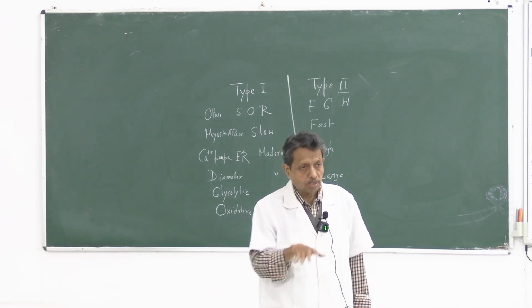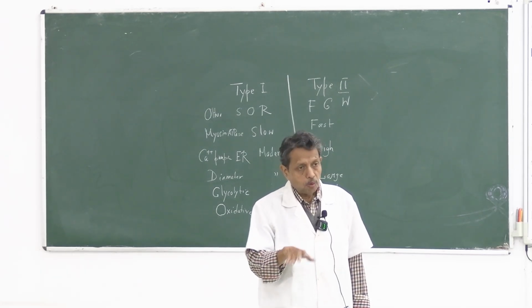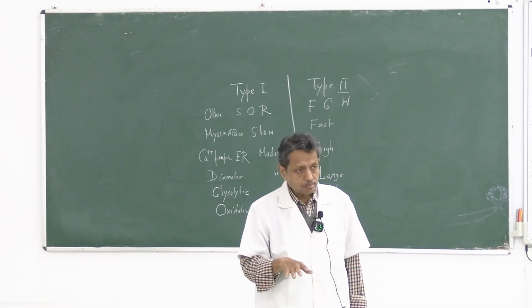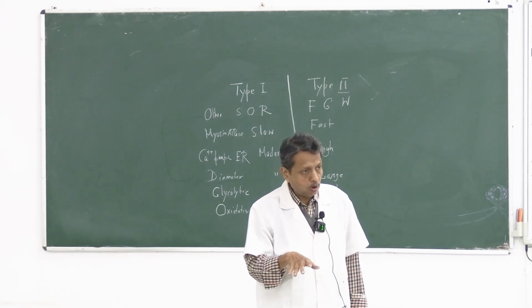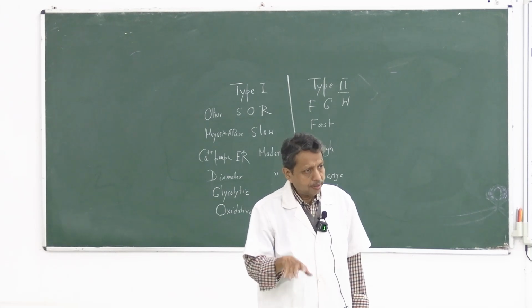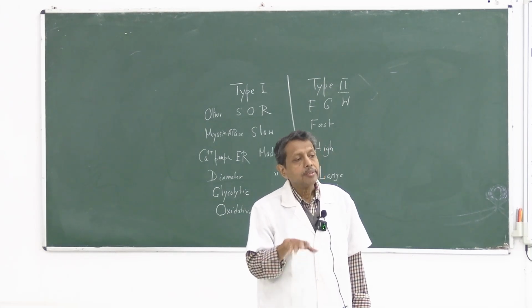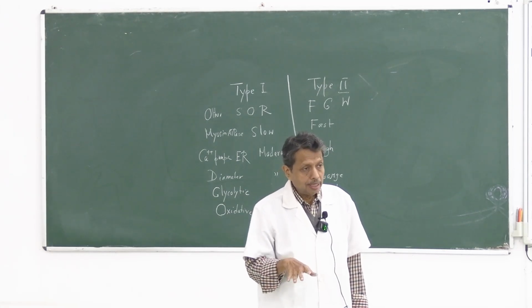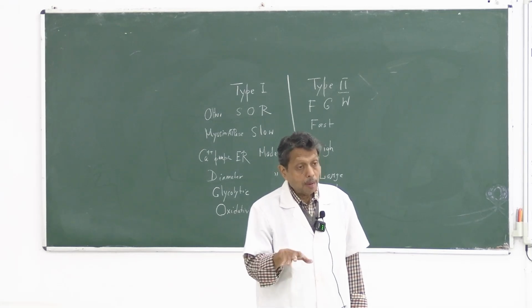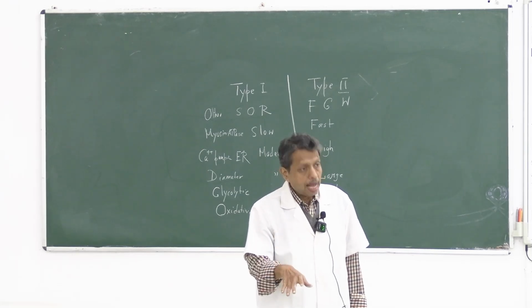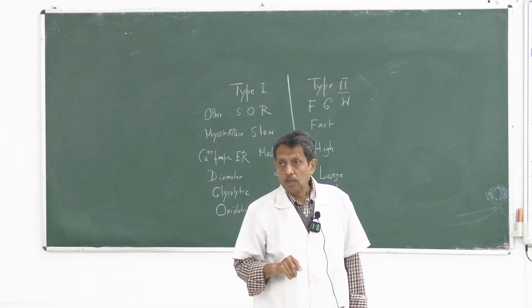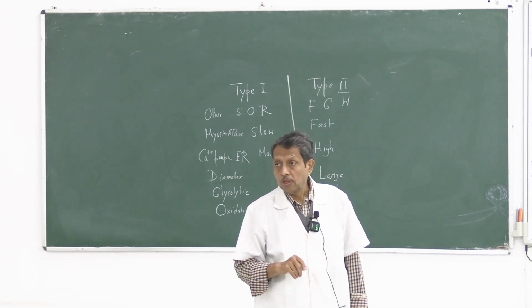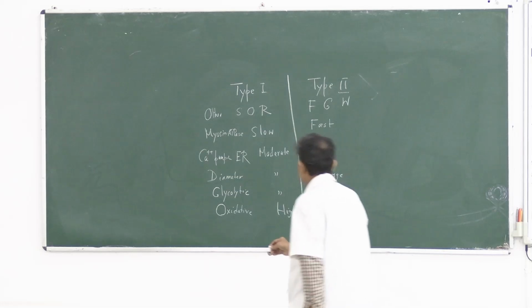For prolonged contraction, oxygen is required, and for this reason the number of capillaries is more, the number of mitochondria is more, and also the myoglobin, an oxygen binding protein, is more. That is the oxidative property.